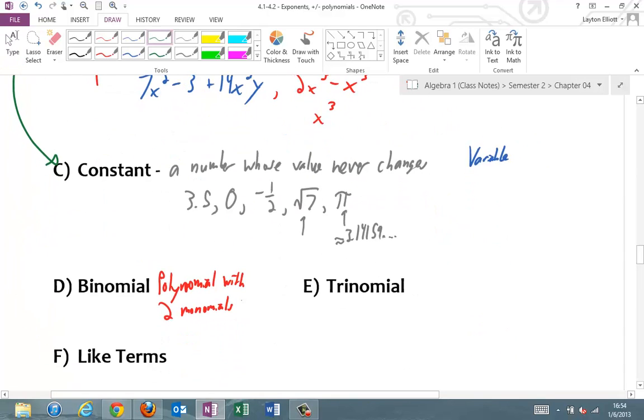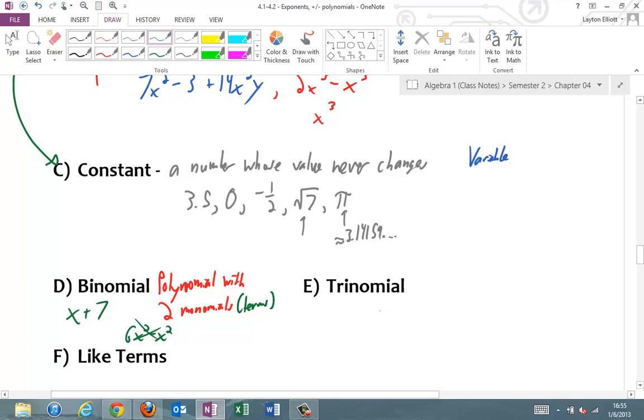So a polynomial with two monomials, aka two terms. So something like x plus 7 is a binomial. It can't be simplified any more than that. And yet, if I gave you something like 6x squared minus x squared, that is not a binomial, because that could be simplified to a monomial.